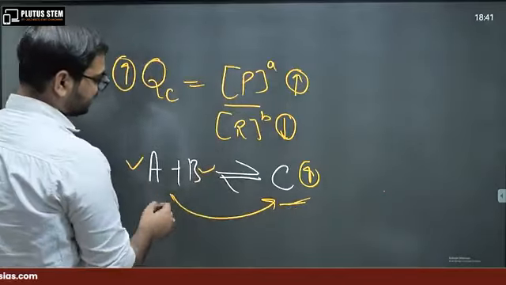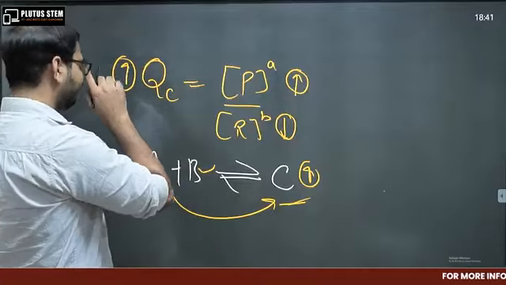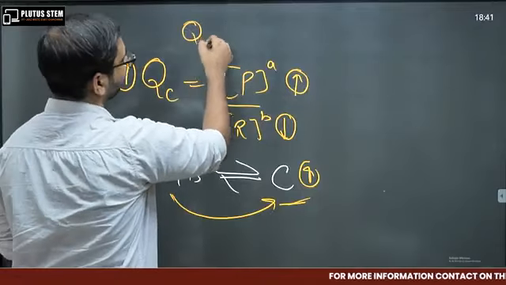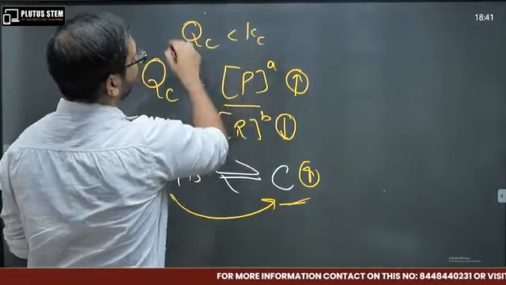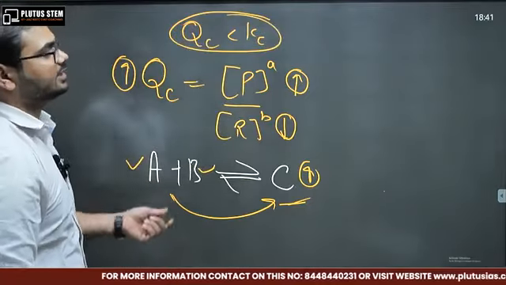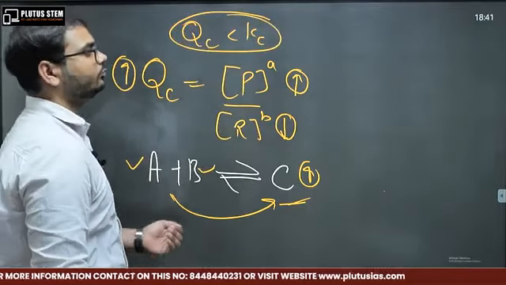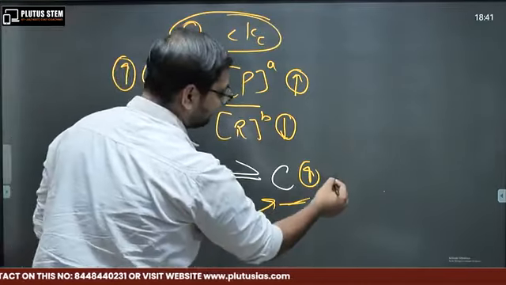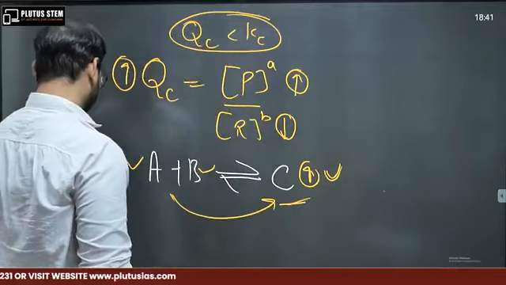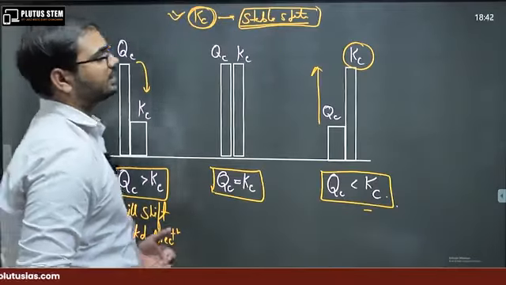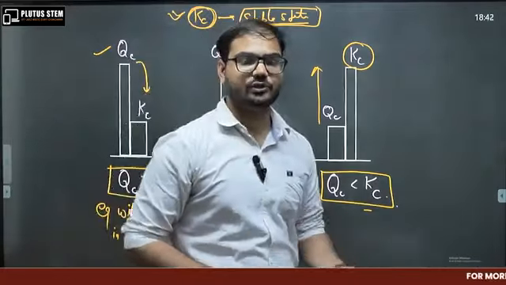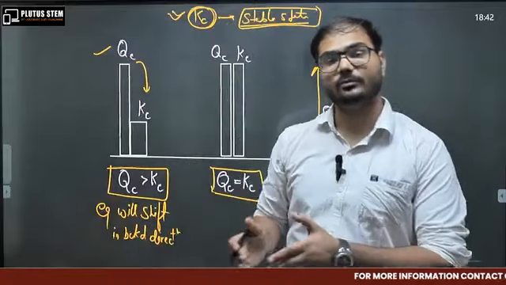So that means in this case, whenever Qc has a lower value than Kc, I can judge that this reaction will go in the forward direction and I will get more product in this reaction.